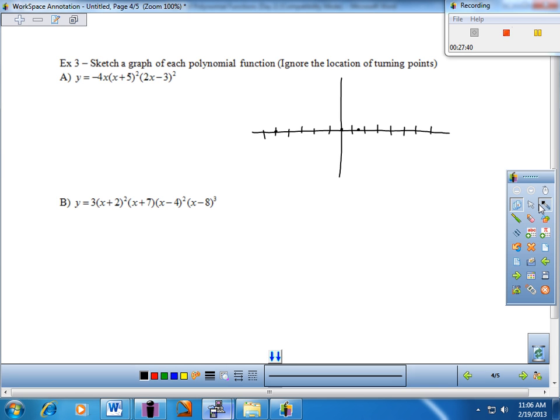All right. Now, I gave you a moment there to think about end behavior. What is the end behavior of a quintic, degree 5, and a negative leading coefficient? And I'm getting this as a rise-fall situation. Rise-fall for the end behavior.